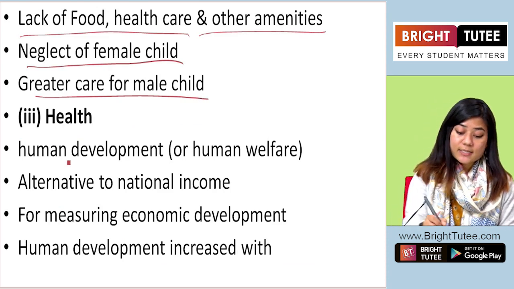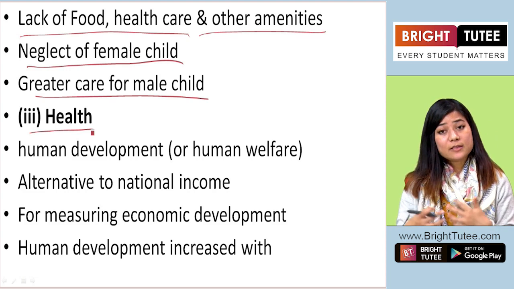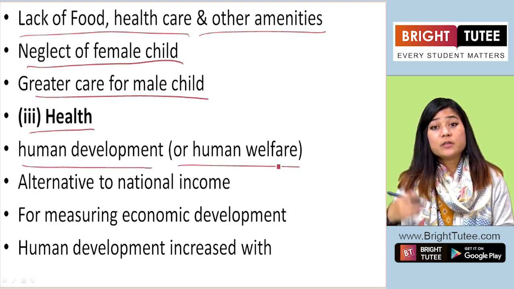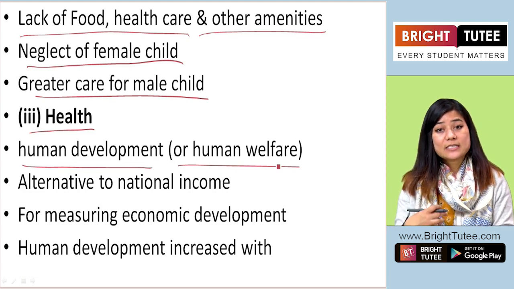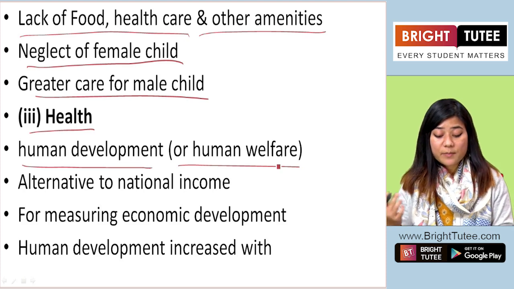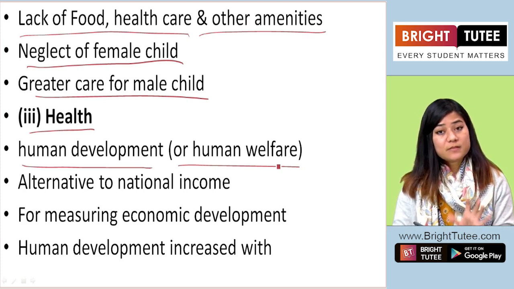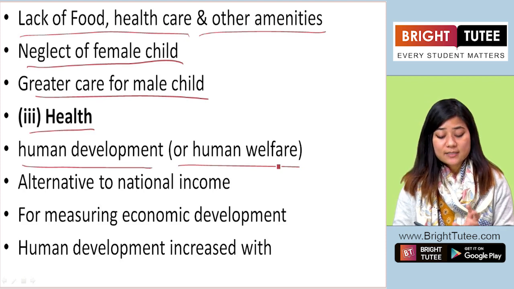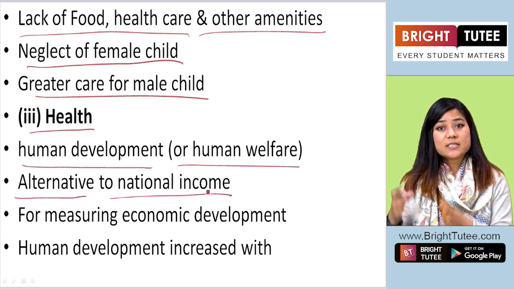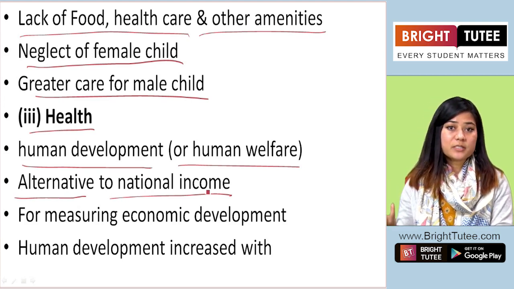Another indicator is health. Now by health we get to understand human development or human welfare, and that itself acts as an indicator to understand the economic development of a country. Now human development is taken as an alternative to national income, which is the general indicator for understanding the economic development.